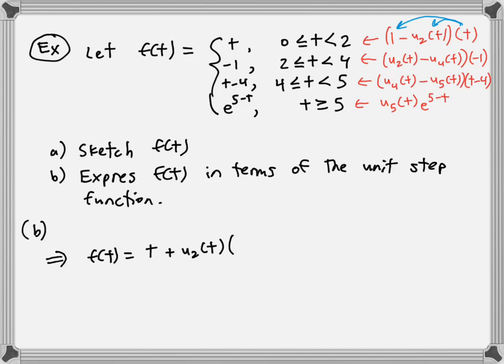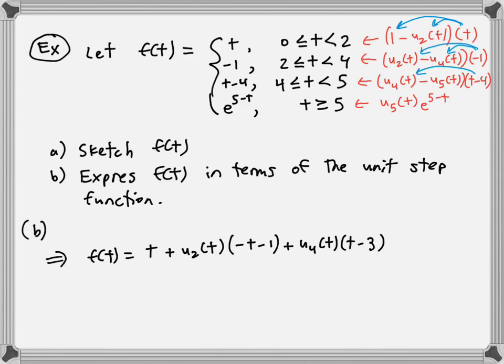I'm going to have a negative t from that top, but then I have another negative 1 from here, so it's going to be negative t minus 1, right? Okay, next, I'm going to have u4 of t, and I get something from that and something from this, right? So it's going to be a positive 1, and then I have plus t minus 4. That becomes t minus 3, doesn't it? Okay, so it's going to be u4 of t times t minus 3.